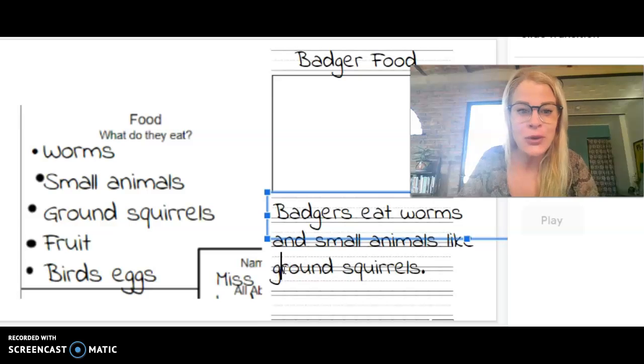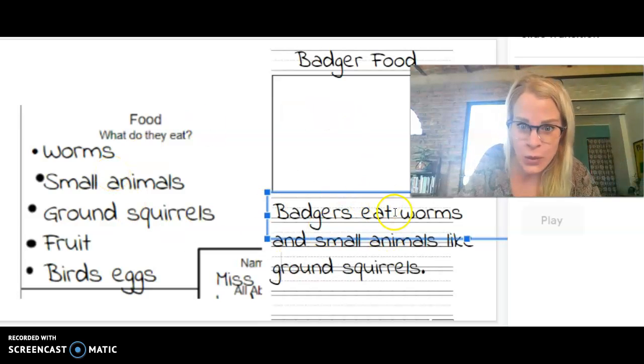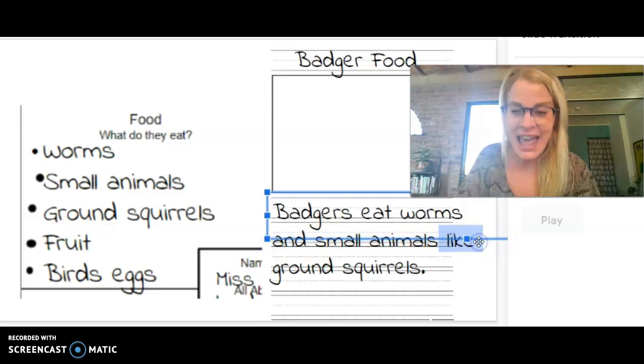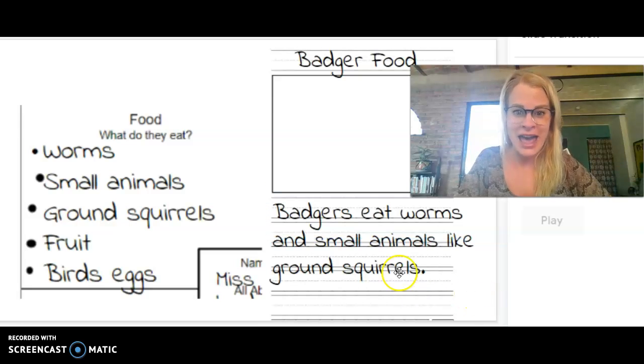I just took 3 points and turned it into one sentence by using connecting words like and like. Badgers eat worms and small animals like ground squirrels.